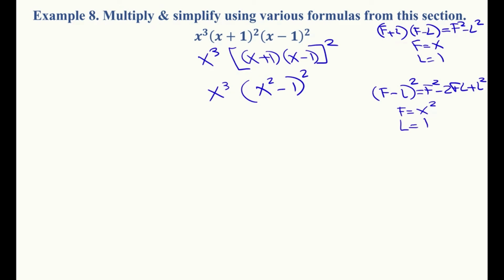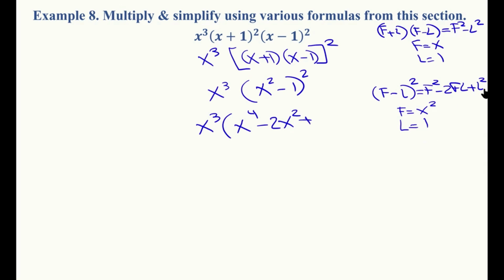So we get x cubed times f squared. So what do you get when you square x squared? You get x to the 4 minus 2 times f, which is x squared, times 1. So that's just negative 2 times x squared times 1, which is just negative 2x squared. And then plus L squared.